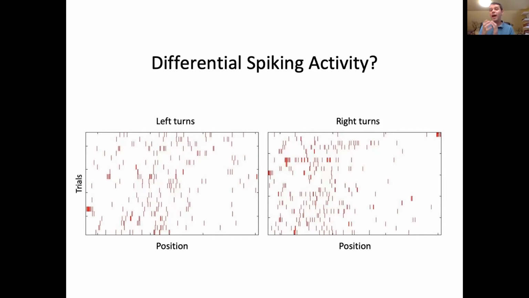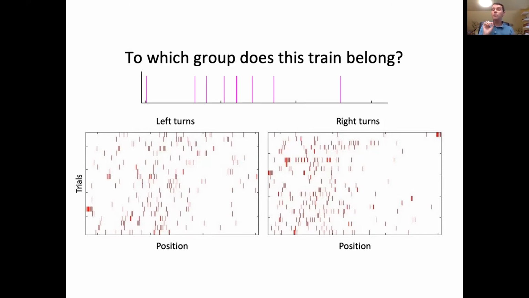So the question is, how can you determine whether there is a significant difference between left turns and right turns? Or maybe even more to the point, can you say with confidence, if I give you a new trial and the animal hasn't yet turned left or right, whether, based on this pattern of data, the animal is about to make a left turn or a right turn?